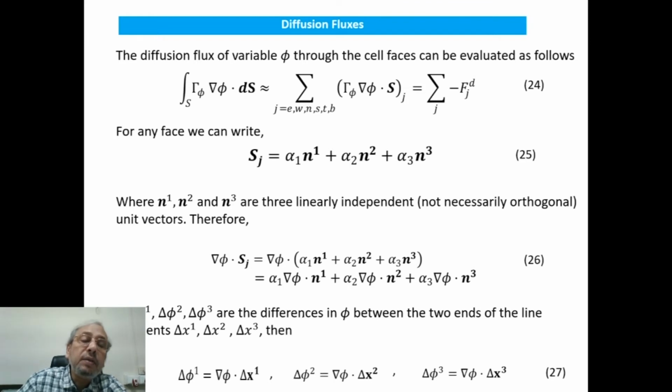This is basically the diffusion coefficient, uppercase gamma phi, into grad phi dot dS.